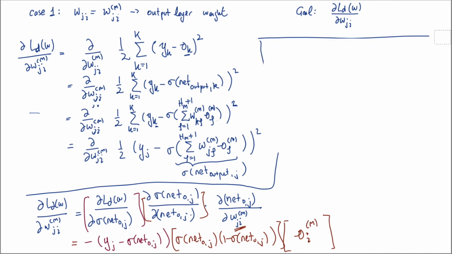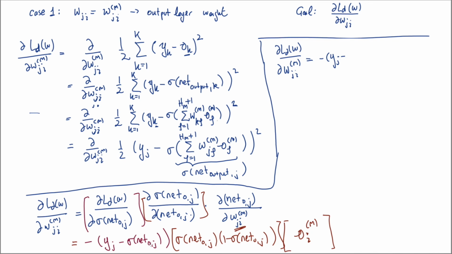Okay, so let me clean this up a little bit. Okay, let's write it out again. Well, this is going to be negative (y_j minus sigma(net o_j)).